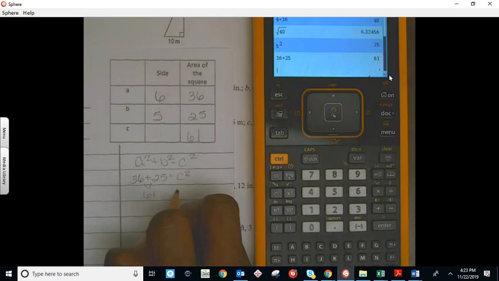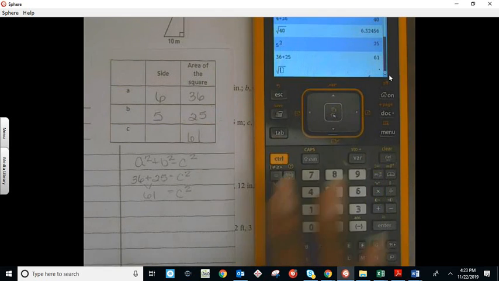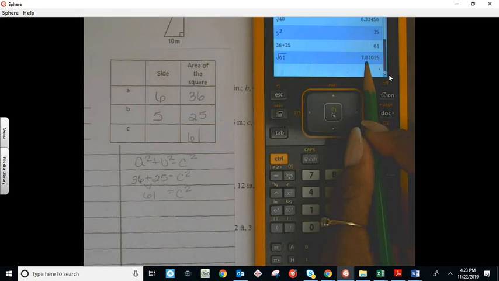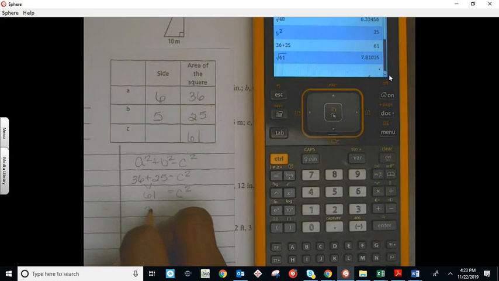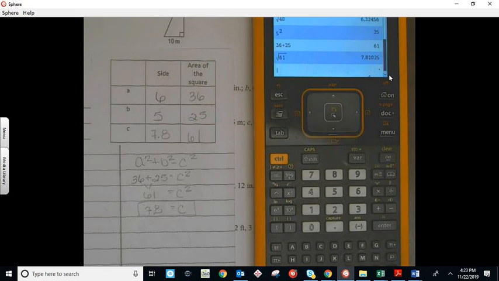But remember, I don't want to know c squared. I want to know c. So I'm going to do control x squared, because that gives me my square root sign. The square root of 61 is 7.81025. Our direction said round to the nearest tenth. So we're going to go 7.8 is C. Kind of easy and to the point, right?